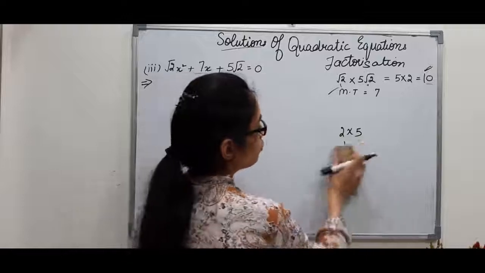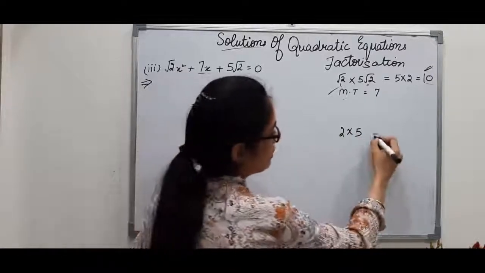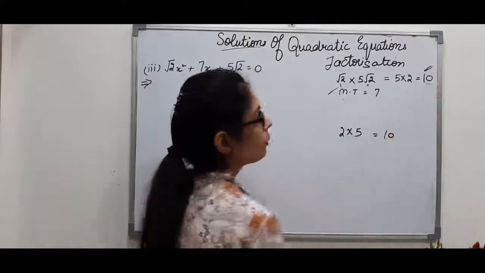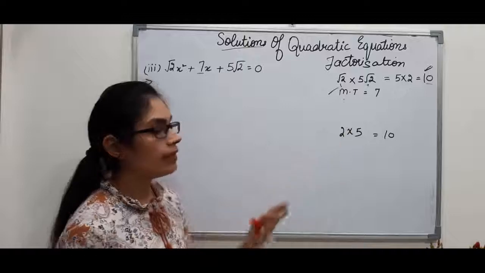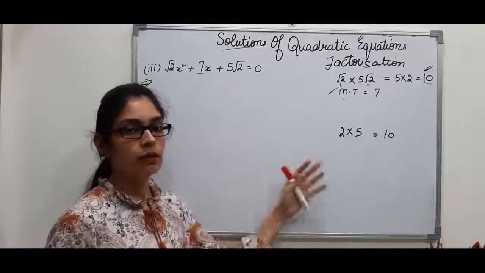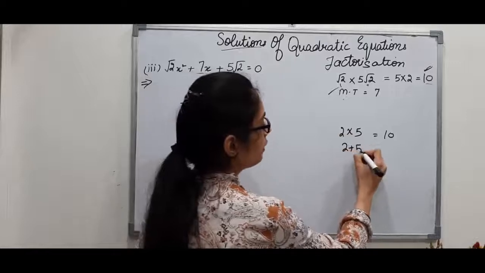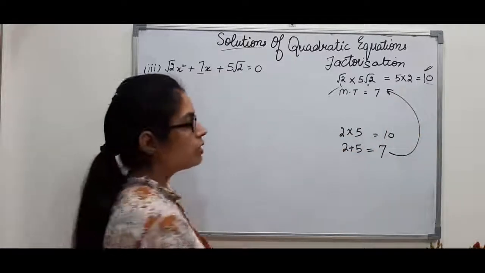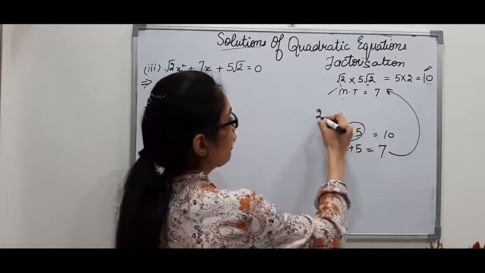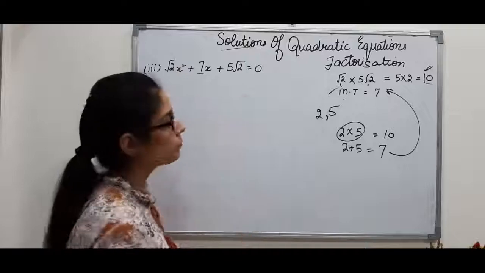So if we choose 2 and 5, 2 into 5 is 10, which is equal to the product of the first and last term. And now if I add these two numbers, 2 plus 5 is equal to 7. I can see it is equal to my middle term also. So we can choose 2 and 5 as they are fulfilling the requirements.